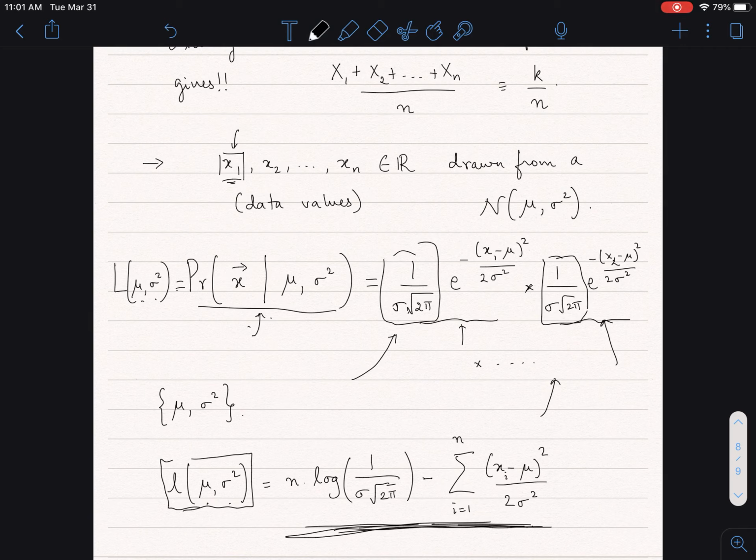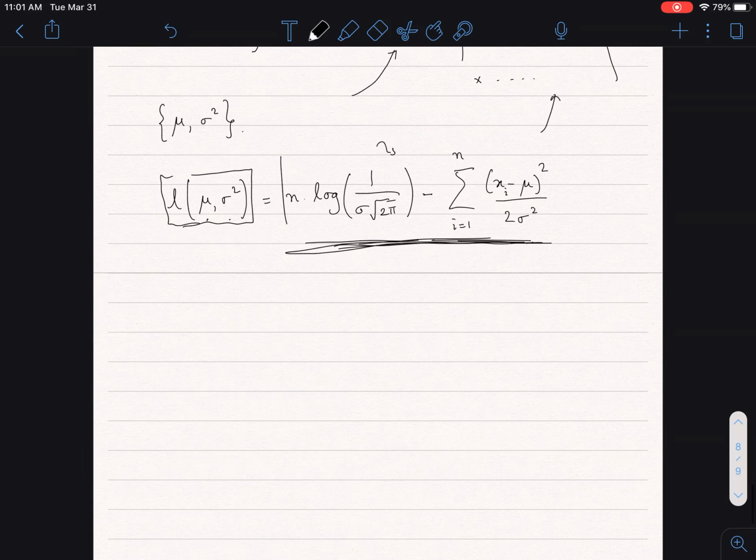You look for the parameters that maximize this, and often you do it by finding an expression for the log likelihood and then differentiating it. Okay, so in this case, if you end up differentiating this expression with respect to mu, you end up with this nice observation that the mu that maximizes this, the estimated mu, is actually equal to (x1 plus x2 up to xn) divided by n.